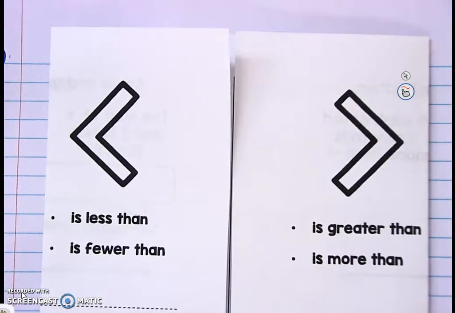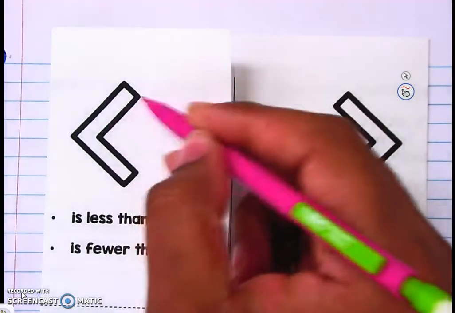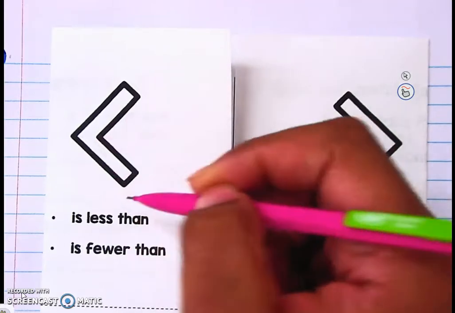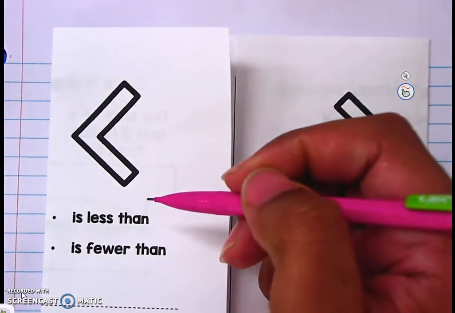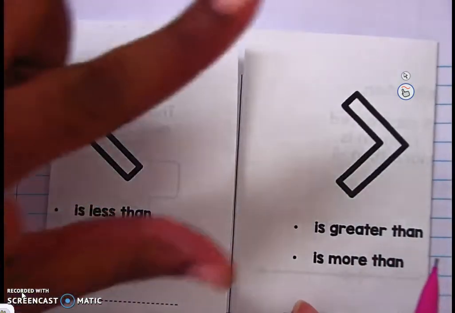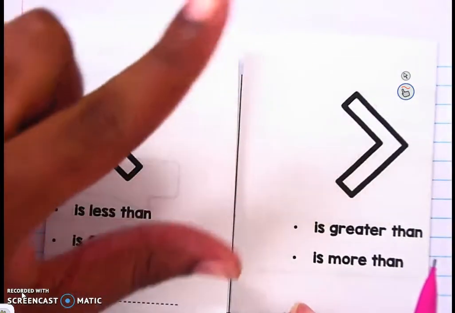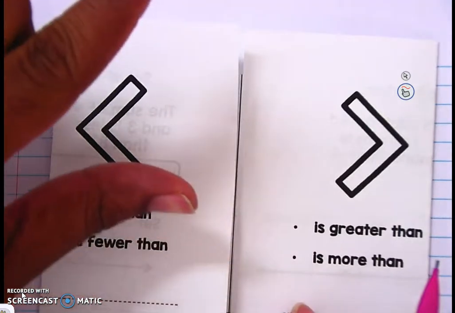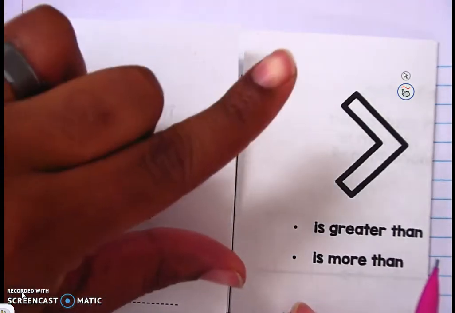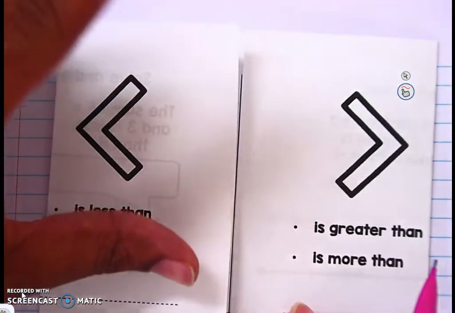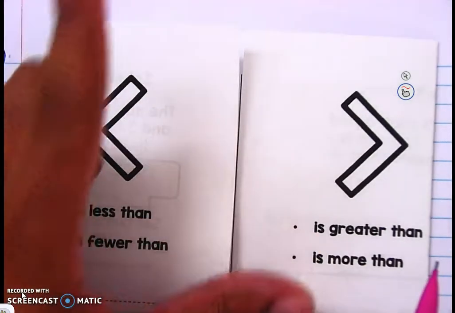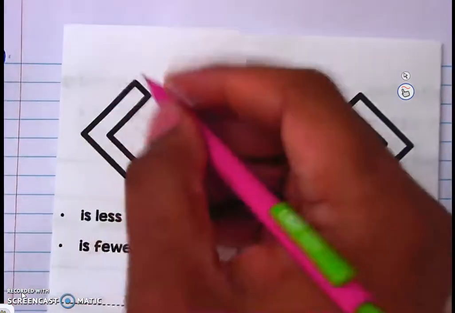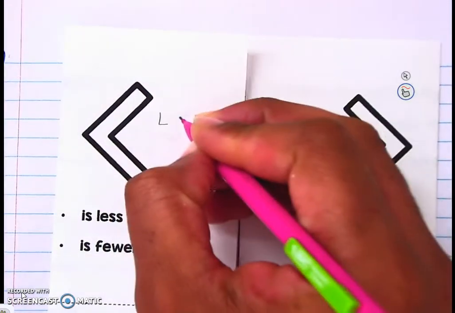Now, one of the key tricks to know the difference between the two is if you look at this part here, if you can move that to make it an L, then that means it's a less than sign. So if you can turn it and make an L, that means it's less than.